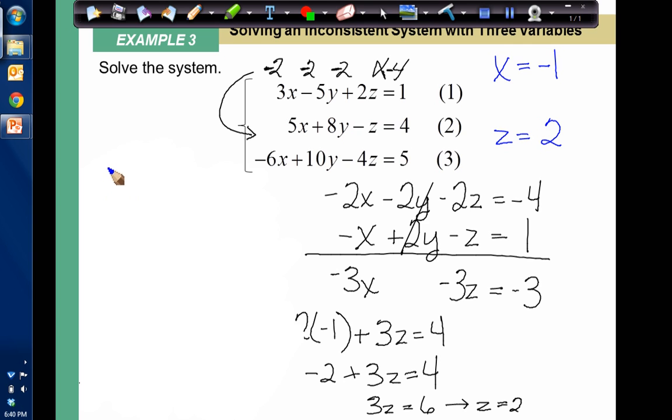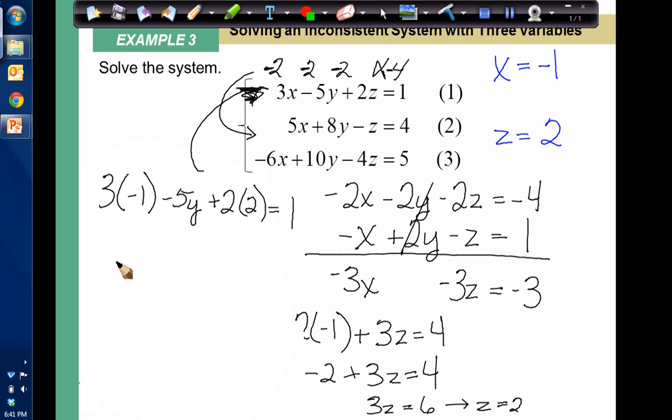y. So I'm going to plug in 3 times negative 1 minus 5y plus 2 times 2 equals 1. I'm plugging this in to the first equation right here. That way I can figure out what y is.